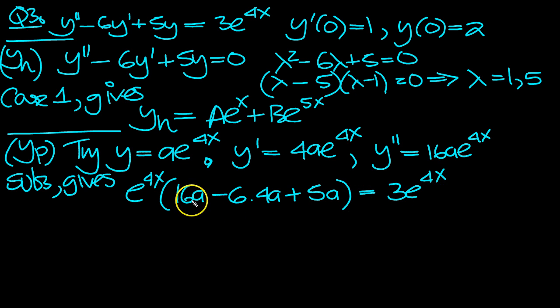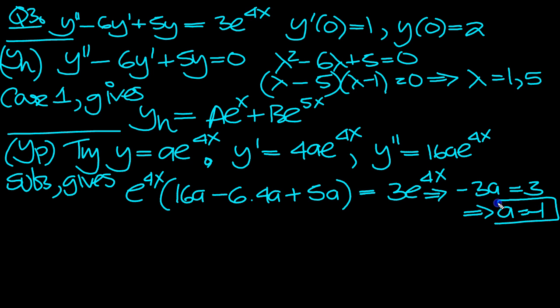That implies we've got 16a plus 5a is 21a, minus 24a, which is minus 3a, equals 3. The e to the 4x's cancel both sides, so that tells us a is minus 1.